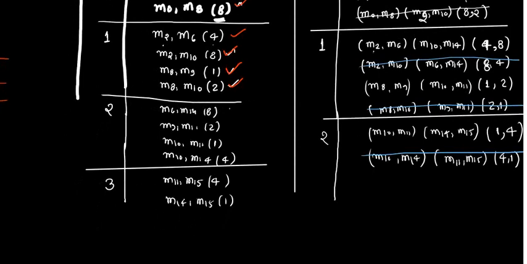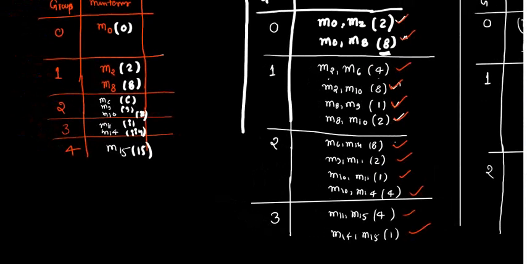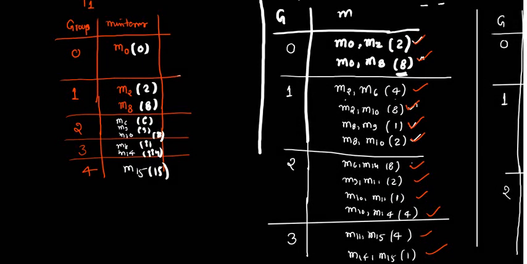So M6, M14, M9, M11, M10, M11, this one, M10, M14, this one, M11, M15, this one, M14, M15, this one. We have taken care of all this, right?